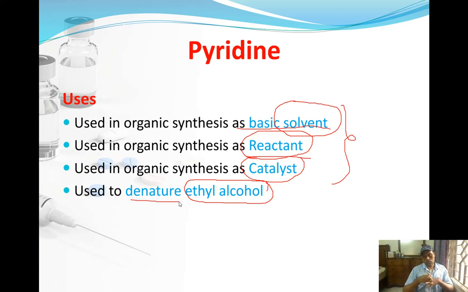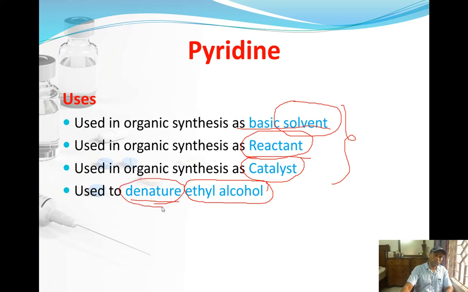Alcohol is used for consumption as well as for other purposes, like in industries, in laboratories, and for other preparations like sanitizers. What if the alcohols which are used for other purposes are used for consumption? That means it can be misused, right? To prevent the misuse of ethyl alcohol, it is denatured.